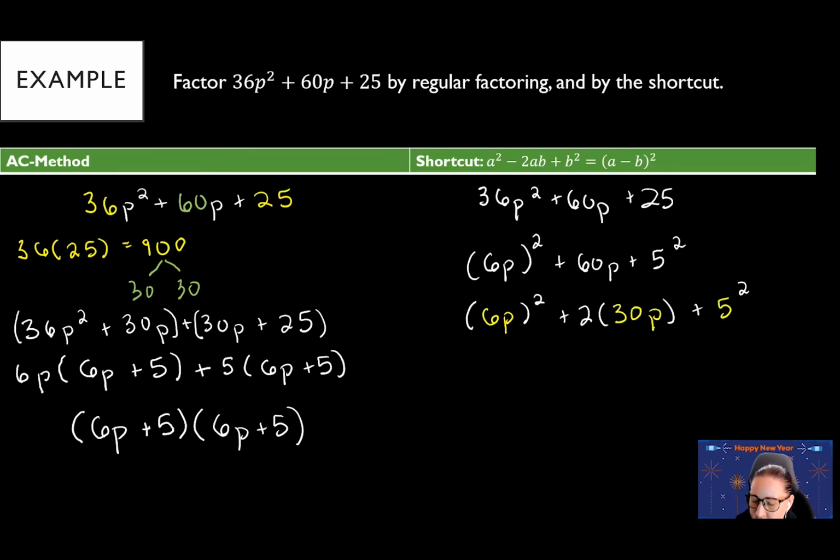And that does. 6p times 5 will get me 30p. So that tells you, okay, this is a perfect square trinomial. And once you identify it's a perfect square trinomial like this, you can start doing these in your head. You don't have to write these steps once you do enough of them, but we're going to write them.